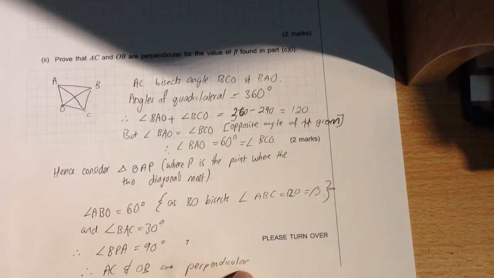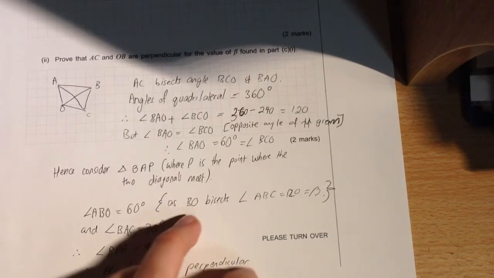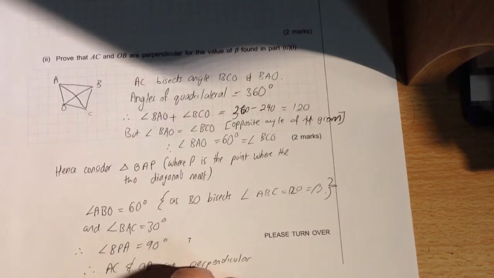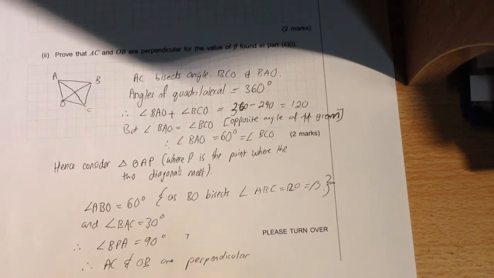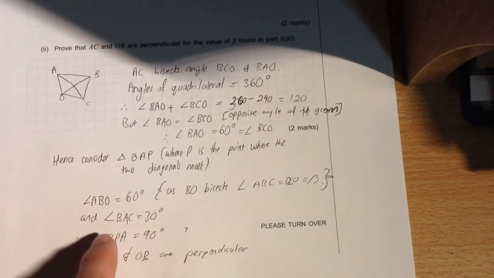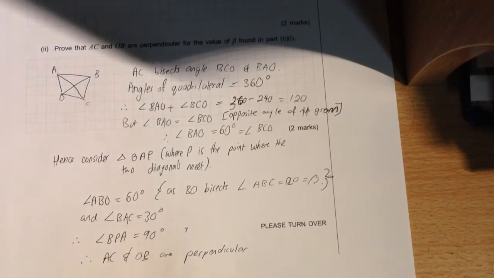And from there we also have 60 degrees here as being the other one that is bisected. And by taking their sum, we know that they must equal 180 because the angles in a triangle will always add up to 180, or pi radians. And what we're left with is the conclusion that angle BPA equals 90 degrees. From this, we conclude that AC and OB must be perpendicular because there is a 90-degree angle between them.